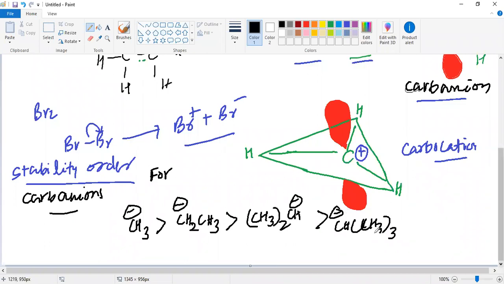So as you move, methyl is the most stable, then primary, then secondary, and then tertiary.